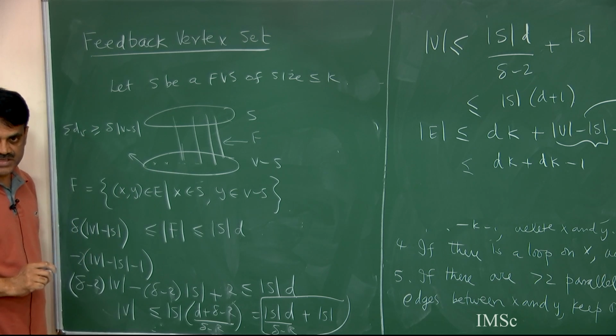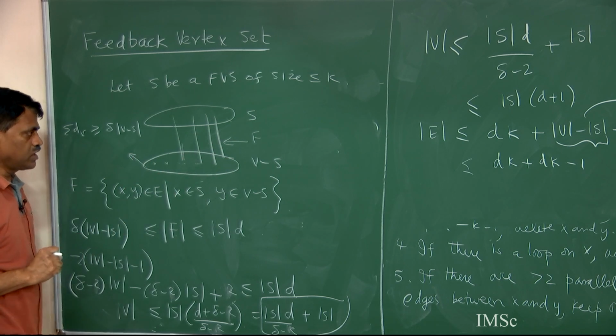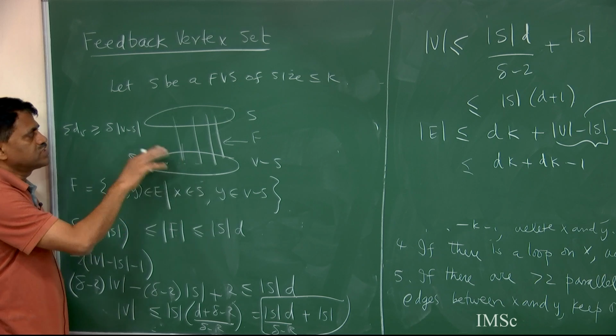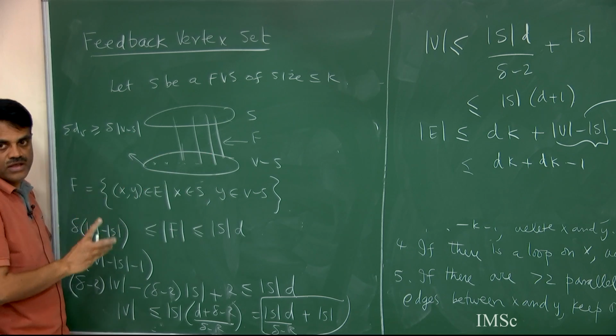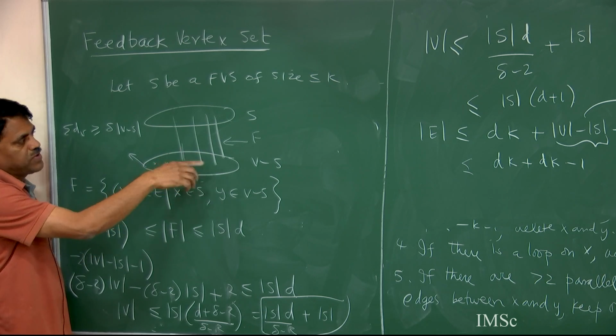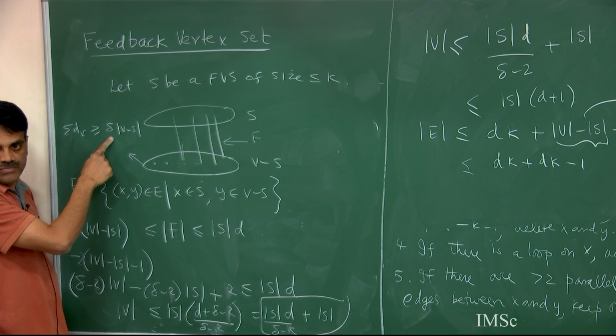This is just a sum of the degrees, out of which at most 2 times the number of edges are absorbed inside, because the number of edges here is V minus S minus 1 at most, and every edge is counted twice in this degree.